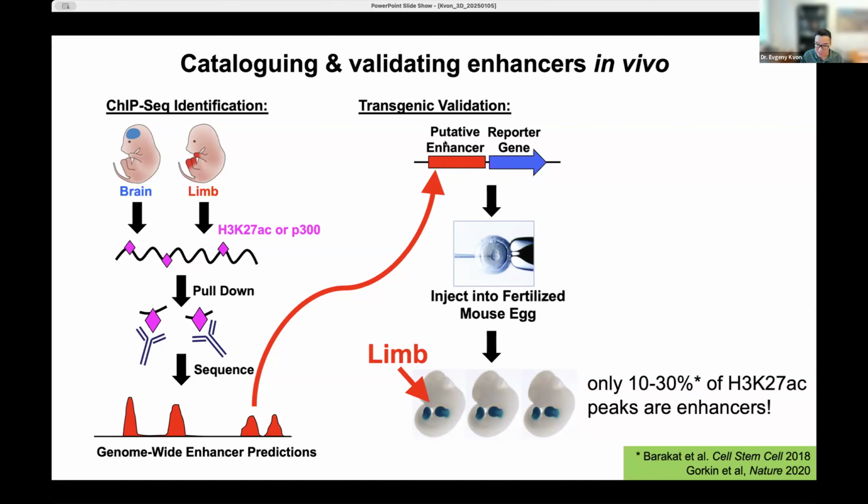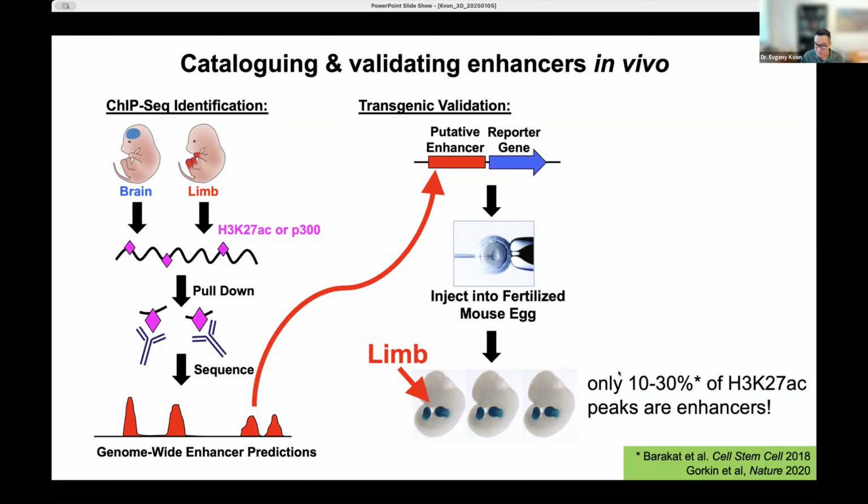If the enhancer is indeed an enhancer, it's able to enhance this reporter gene, and then you see activity in the mouse embryo. In this case, it's a limb-specific enhancer, right? This is the operational definition of an enhancer that was introduced by Walter Schaffner and others in the beginning of the '80s.